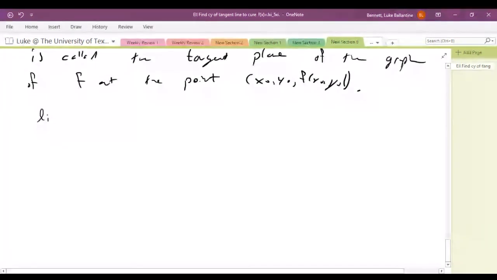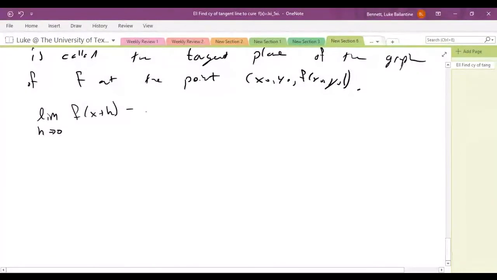We have the limit as h approaches 0 of f of x plus h minus f of x, all divided by h. So if this limit exists, then we say f is differentiable at x.